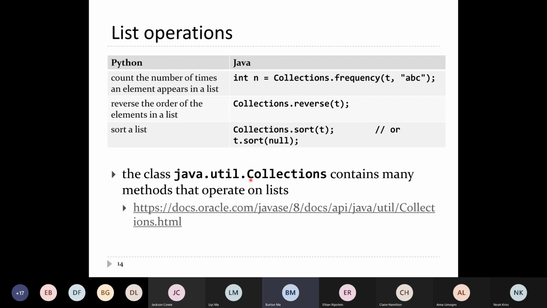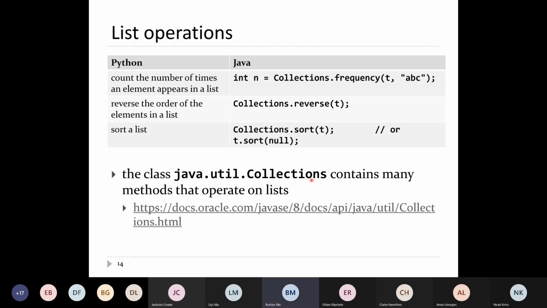It turns out that's the utility class that operates on something called a Collection in Java. We'll talk more about this later in the course, but it turns out in Java, lists are actually instances of this type called Collection.